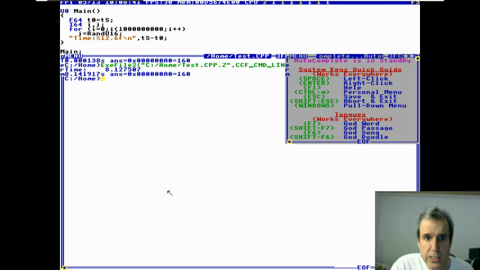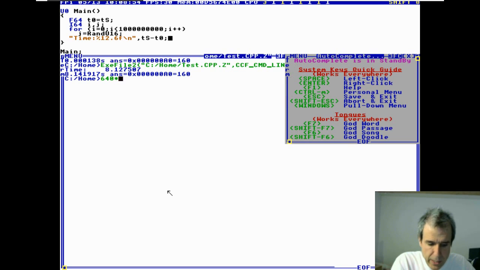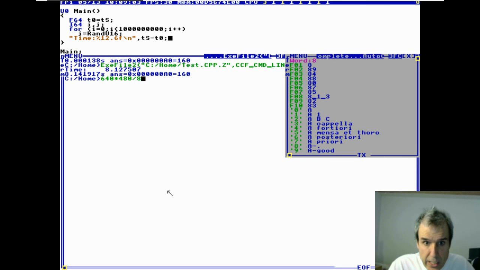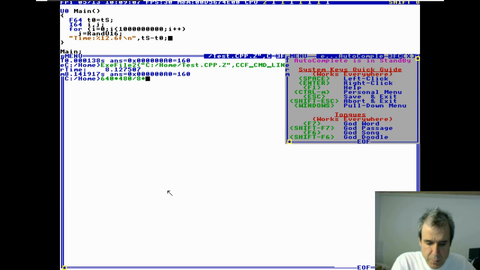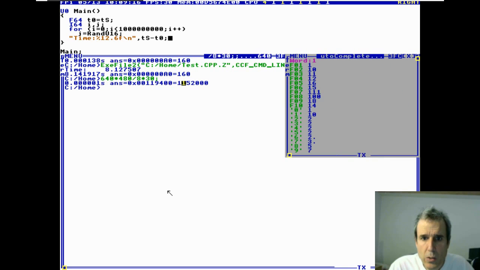So 8 seconds. That means, let's do an analysis. If we had 640 by 480 pixels, well, that's a lot. Why don't we cut that down a little bit? But divided by 8 times 30 frames per second, this would be 1 million.